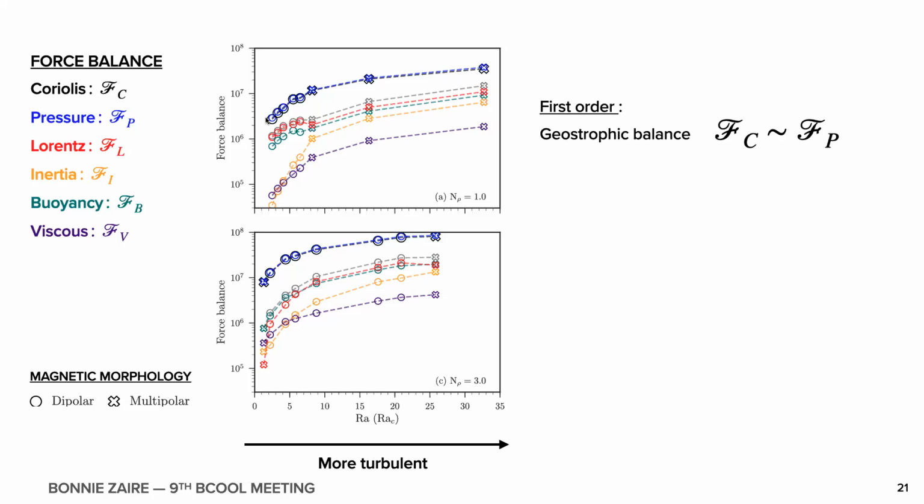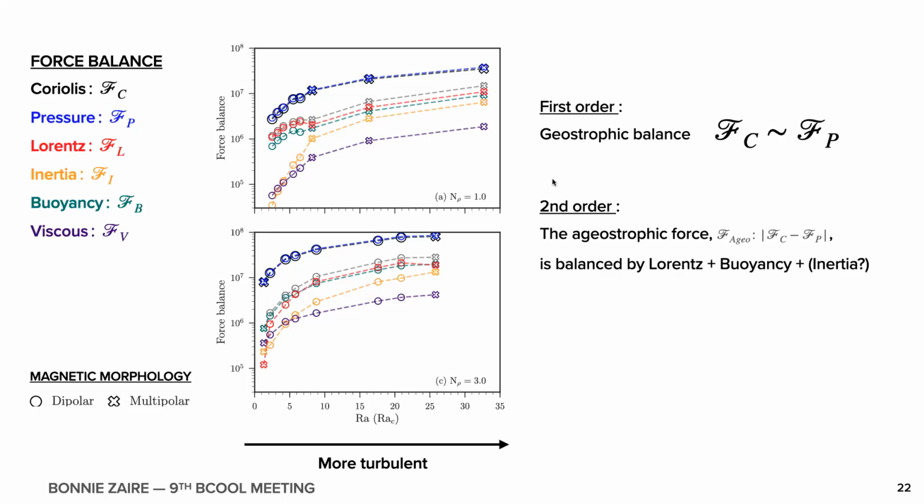So we have this Coriolis shown in black and pressure shown in blue, balancing each other in first order. The unbalanced part, which is the ageostrophic force that I defined as a difference between these two and is shown in gray here, is balanced by Lorentz, which is shown in red, and buoyancy in green. And sometimes inertia gets relevant and also starts to contribute in this balance.